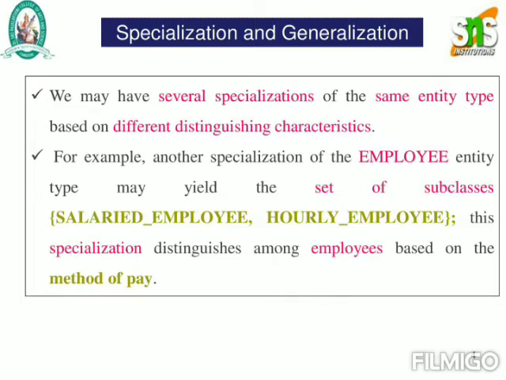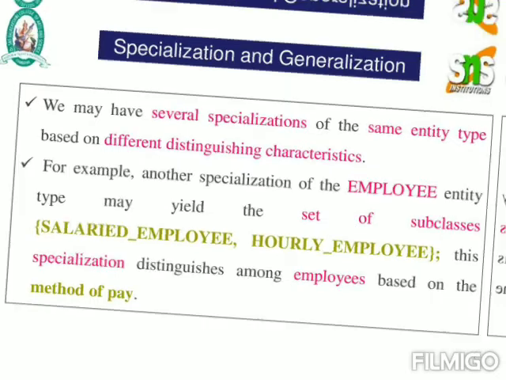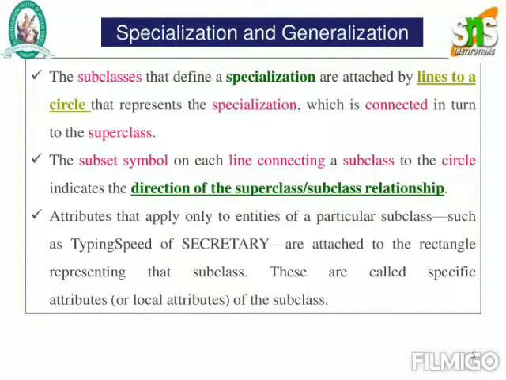The next topic is the notation for generalization and specialization. Here, the subclasses that define the specialization are attached by lines to a circle. So in an EER model, you can see that the subclasses of the specialization are connected by lines to the circle, which in turn is connected to the superclass.